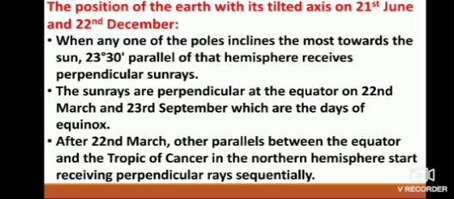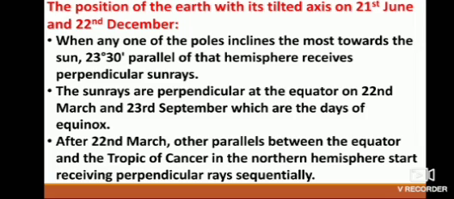After 22nd March, other parallels between the equator and the Tropic of Cancer in the northern hemisphere start receiving perpendicular rays sequentially. Only on 21st June and 22nd December, the sun rays become perpendicular on the Tropic of Cancer and Tropic of Capricorn respectively.